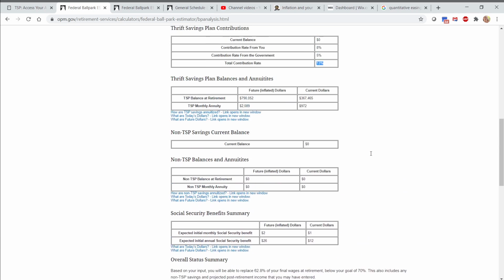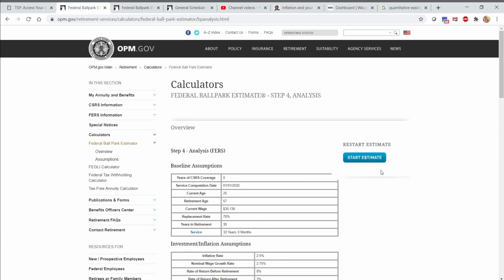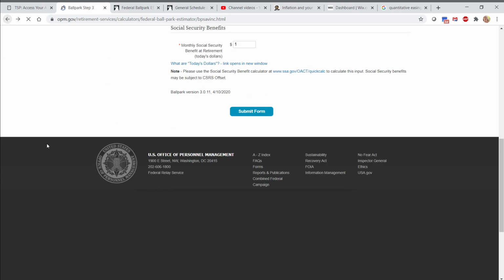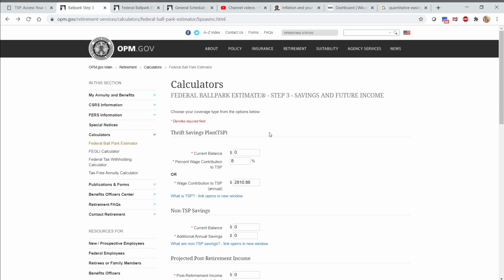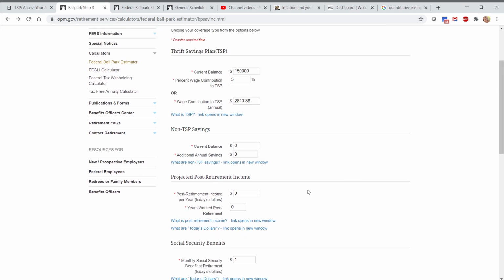So that's how you use the TSP calculator. If you guys have any questions, feel free to call me and ask me. Just to give you guys an idea of, let's just say for my current scenario, I have about 150,000 in my account, and I'm only giving 5%. Everything else is the same.